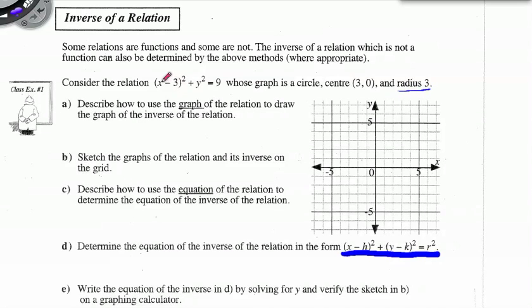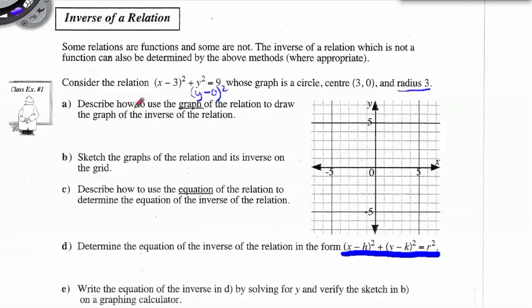In other words, you can just take this value and change the sign. Now, with the y, if we put it in this format, it's y minus 0 squared. So k here is 0. And so the coordinates of the center are 3, 0 with radius 3.